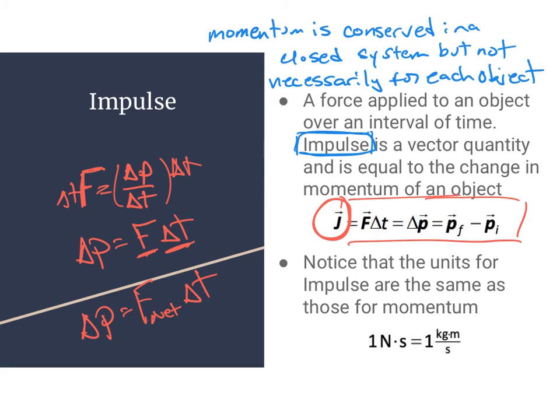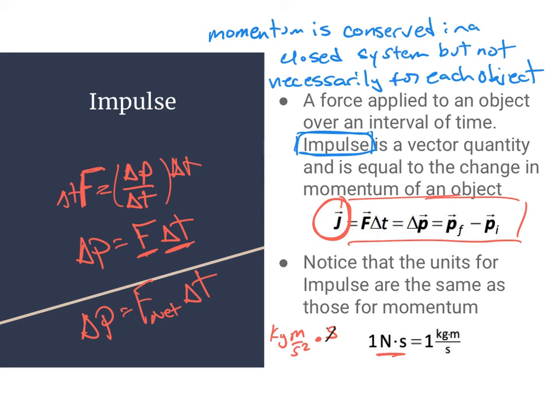If we look at our units for impulse, force times time gives us units of newton seconds. Well, newtons, as we know, is kilograms times meters per second squared. We're multiplying that by seconds.